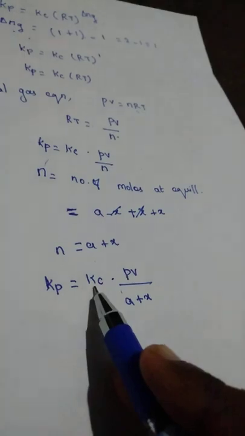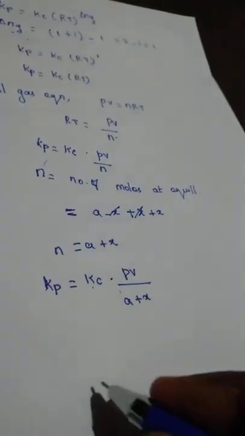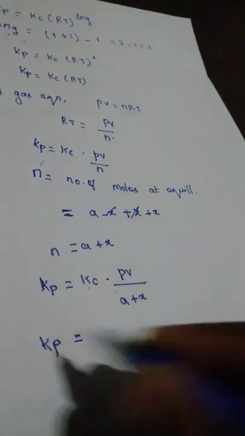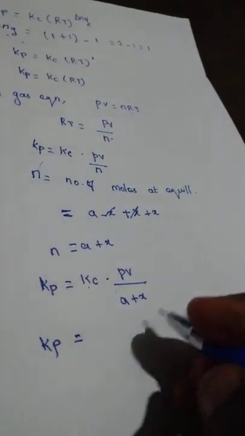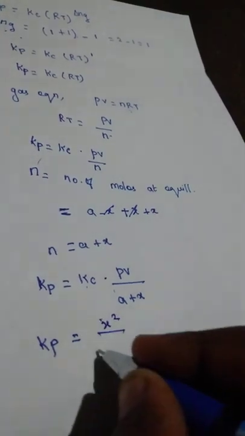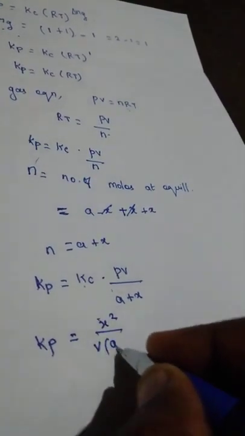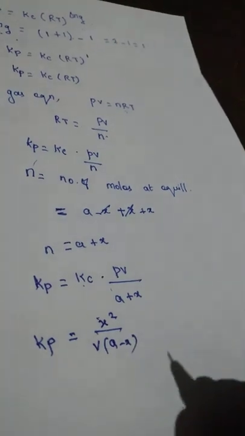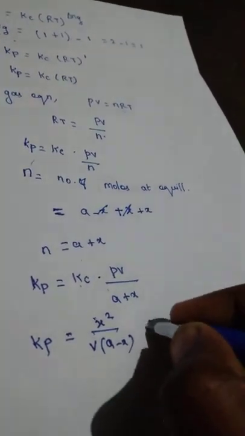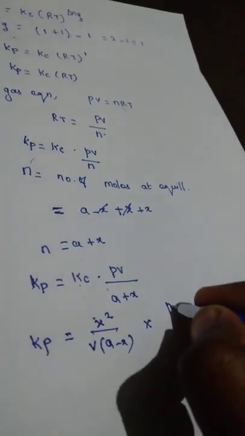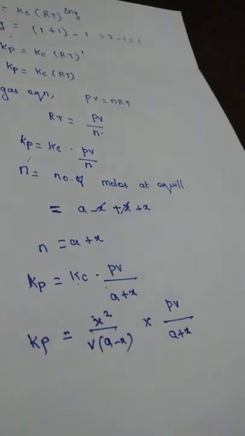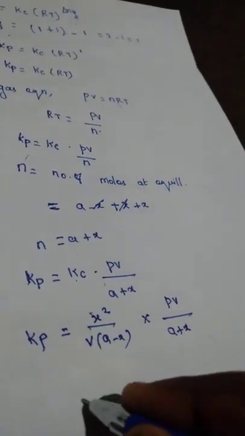Now we can substitute the Kc formula: Kp is equal to Kc value, X squared divided by V into A minus X, into PV divided by A plus X. Now how can we simplify this?